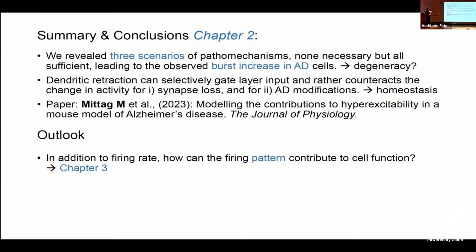So what you're measuring in the input resistance is only the input resistance of the soma, you say? When we measure the input resistance, it's for the whole cell, stimulating the soma. Stimulating the soma. Yeah. I mean, I don't have the data here, but it is increased. So it will be natural that anything that gets to the soma will fire.